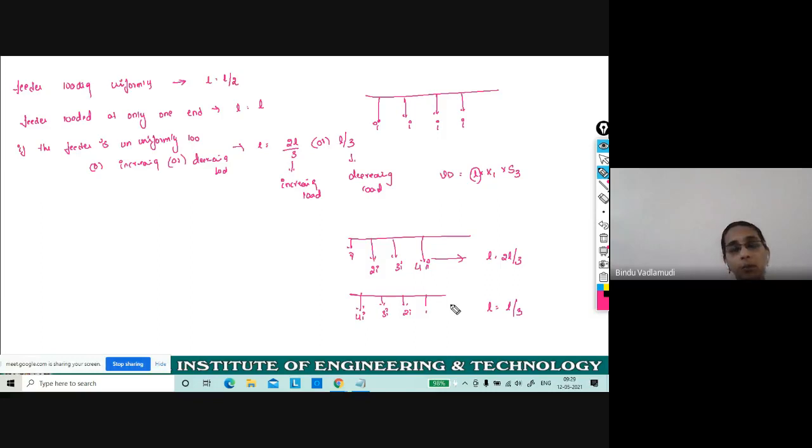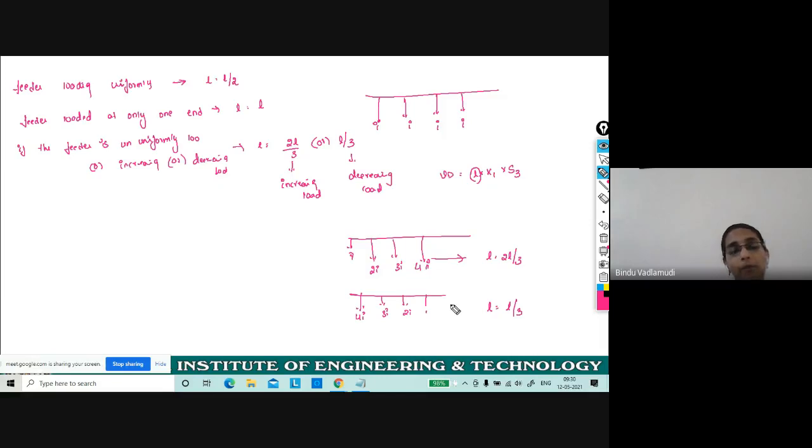If the feeder is uniformly loaded with increasing load, L is equal to 2L by 3.